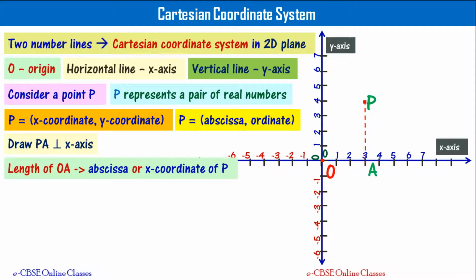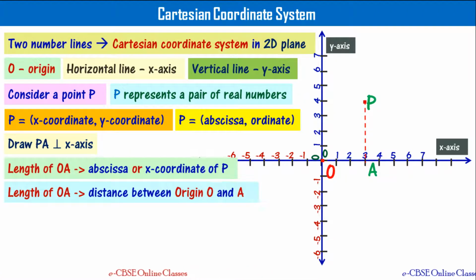The length of line segment OA is called abscissa or x coordinate of P. If you observe, length of line segment OA is equal to the distance between origin O and the point A marked on x-axis, right?